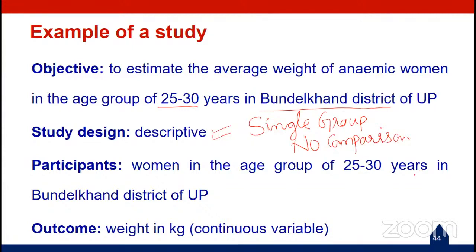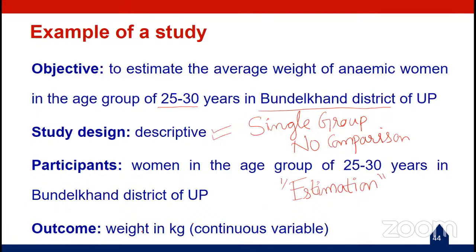We are just estimating. We are saying that after the study, the researchers may conclude that the average weight of the anemic women is so and so with a standard deviation of so and so. It is just estimation. There is no hypothesis testing involved. Okay.